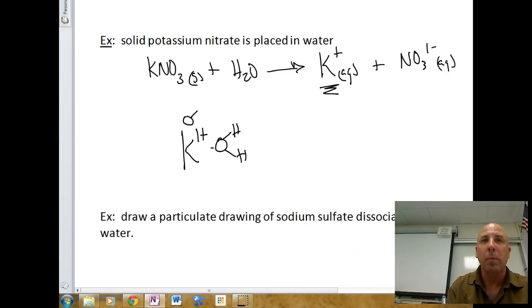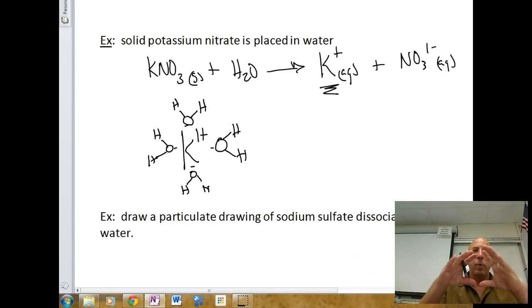There are going to be multiple molecules that will surround the potassium ion, and they surround it in this way because of the polarity of water and the opposite charges, because opposite charges do attract. So that would be the surrounding of the potassium ion by water molecules because of the polarity.